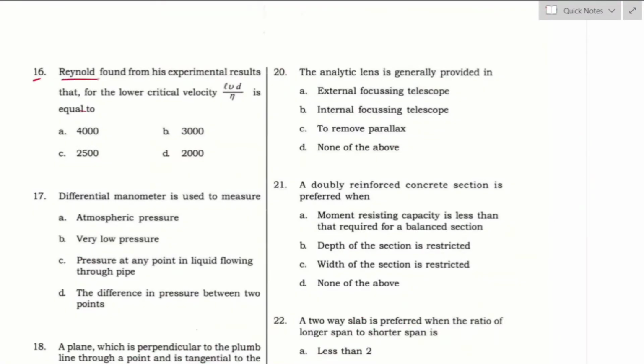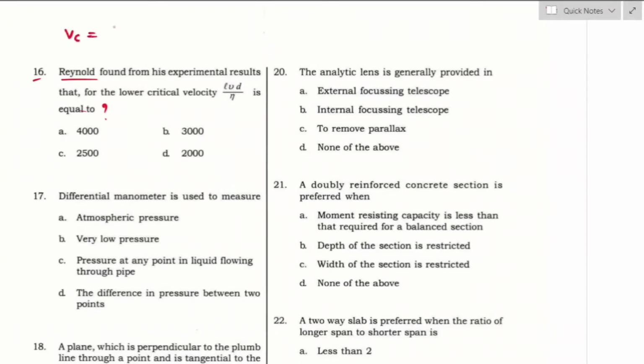Question number 16. Reynolds found from his experiment results that the lower critical velocity is equal to? According to Reynolds, the lower critical velocity is where the speed and direction at which the flow of a liquid through a tube changes from smooth to turbulent.